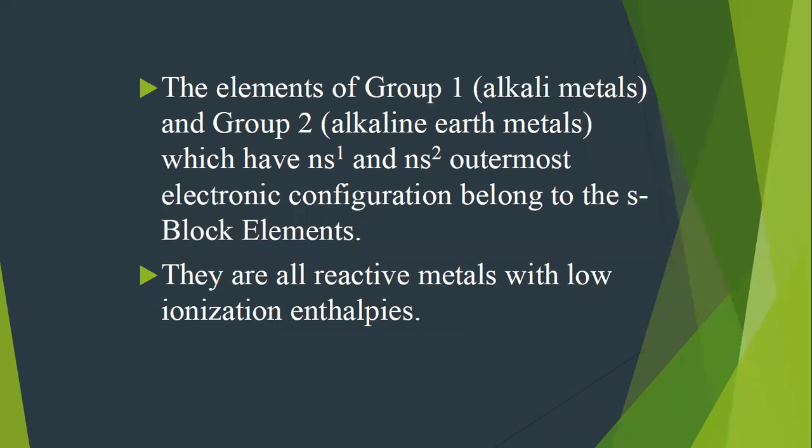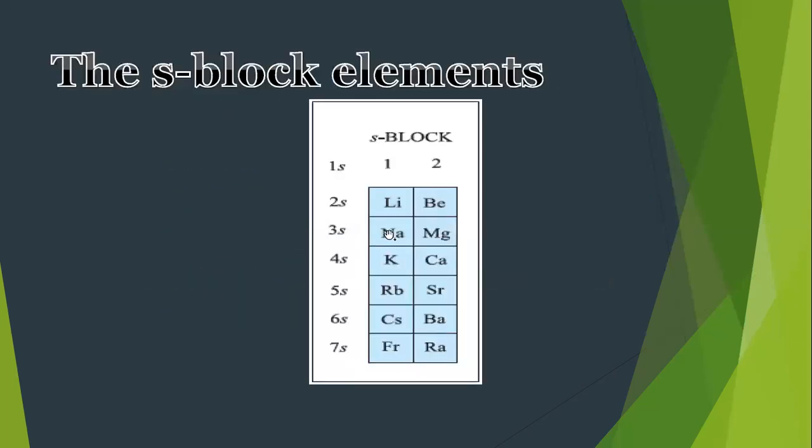All the elements in the alkali metal group and alkaline earth metal group are reactive metals. Sodium and potassium are highly reactive metals, which is why we store them in kerosene oil. Lithium is also a very reactive metal, and we store it in paraffin wax, the wax with which we make candles.